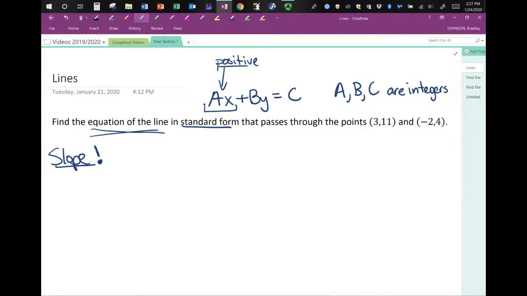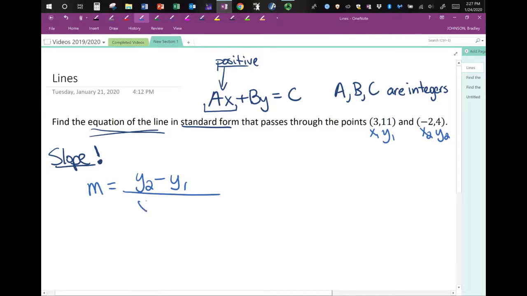Now keep in mind, x1 and y1 we'll treat as the first point, and x2, y2 we'll treat as the second point. Do you remember the slope formula? Think about it. The slope formula is change in y divided by change in x. So for change in y, you take the difference of the y values, y2 minus y1, and for change in x, you take the difference of the x values.